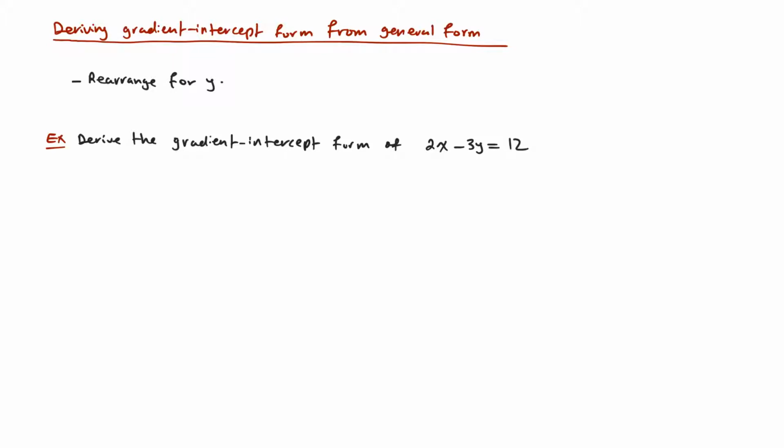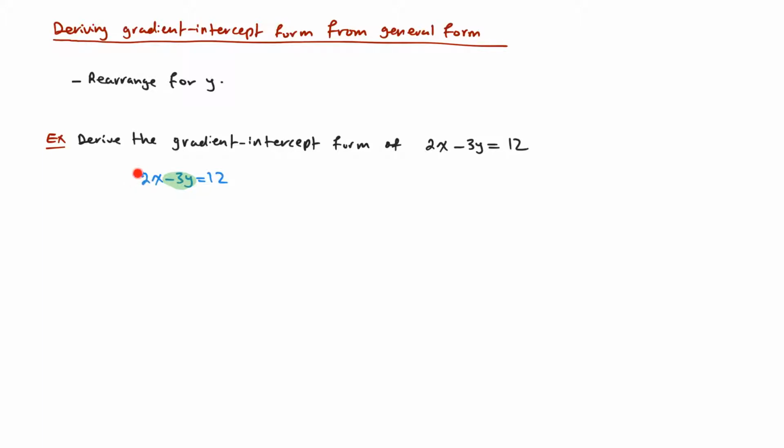So I'll just write down what the equation is first. 2x minus 3y is equal to 12. And now I want to rearrange for y. So the negative 3y over here, this is the term that I'm trying to isolate. I'm just going to highlight that right now in green. So I need to isolate this first.